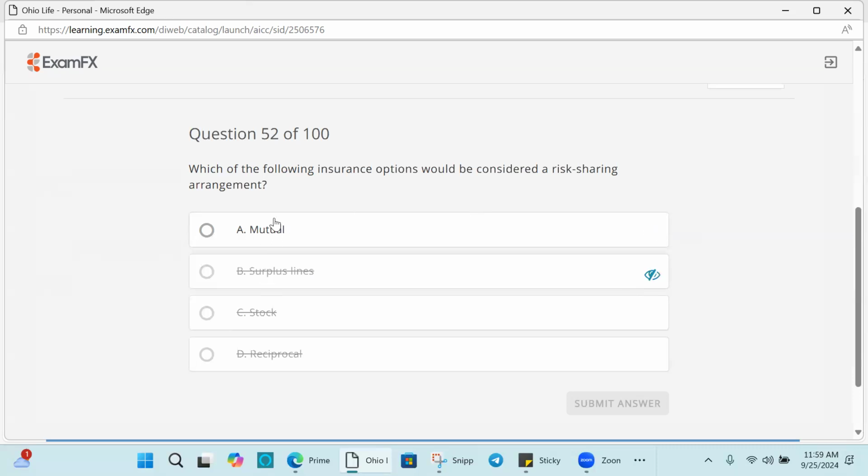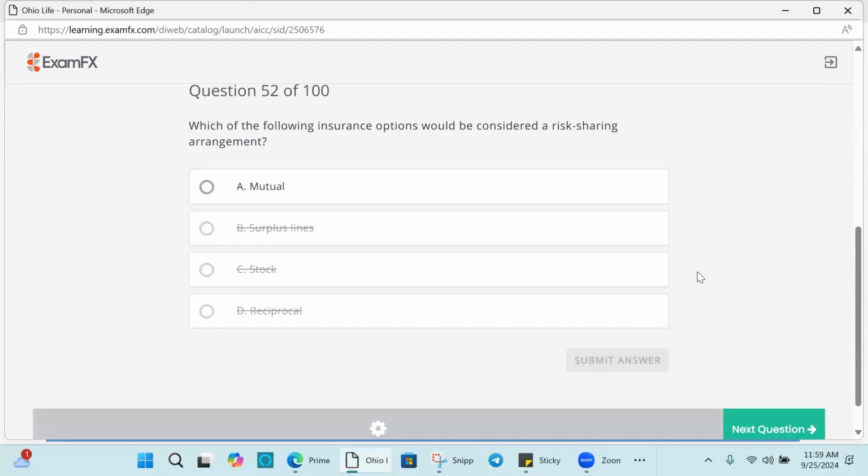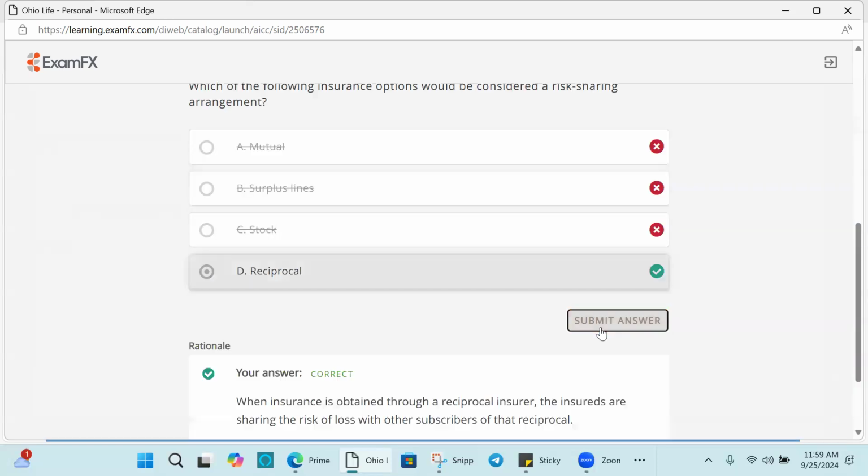It's either A or B. Would fire insurance also be considered a risk sharing arrangement? Not A, not B, so C: reciprocal. A reciprocal exchange is a risk sharing agreement. You give me, I give you this.